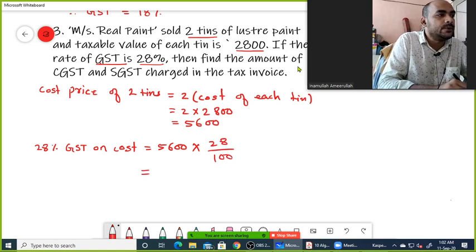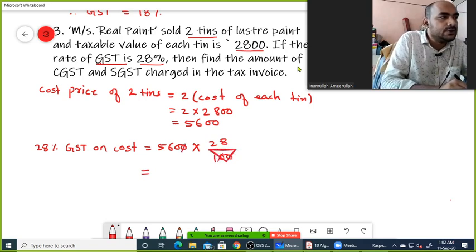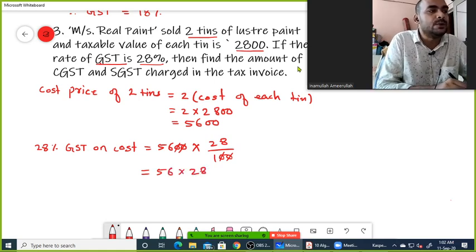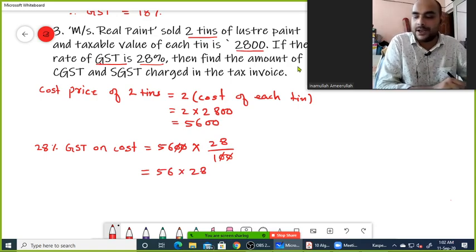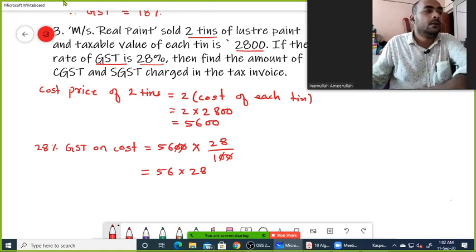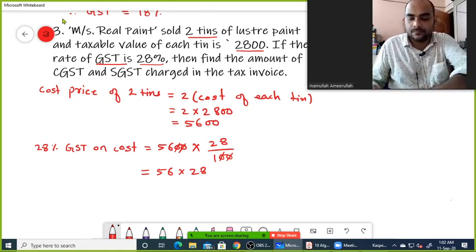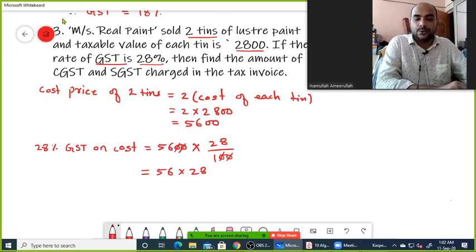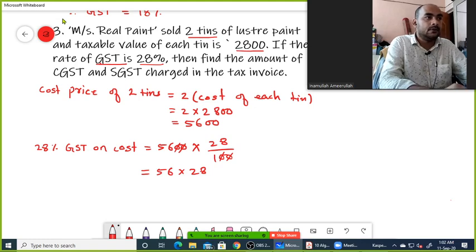So this way you can find out, these two zeros will cancel in numerator and denominator. So you will be left with 56 into 28. So we just need to multiply 56 with 28. So 56 into 28 can be multiplied.